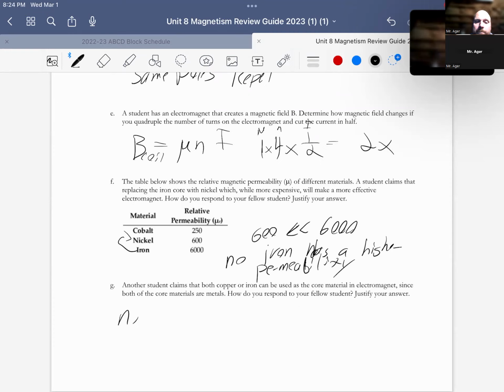So no, maybe you could be more sensitive to the other student by not just saying, no, you're wrong, but you say, hey, no, I don't think so, because copper is not ferromagnetic. Right? It has no domains, and it has, well, it might have domains, but it doesn't have the unbalanced electron spin that's there. All right, that is page number 3.